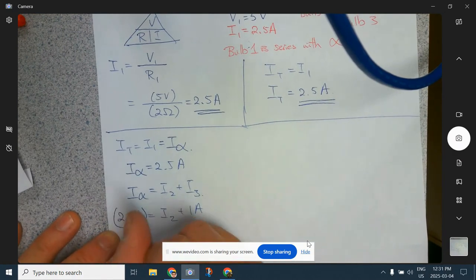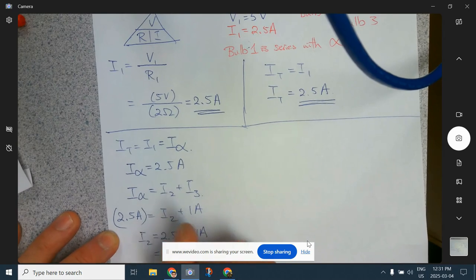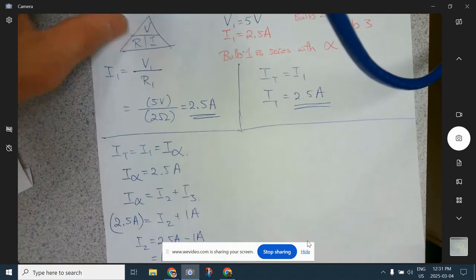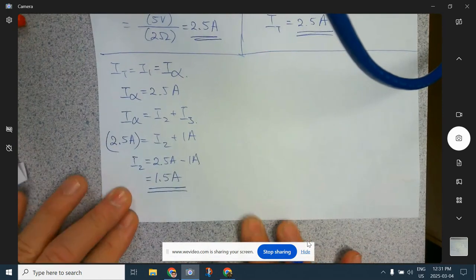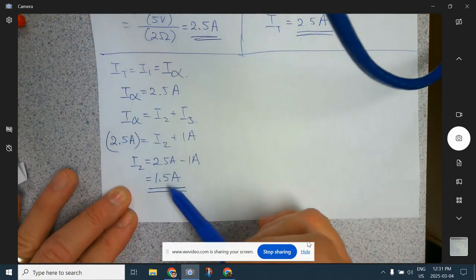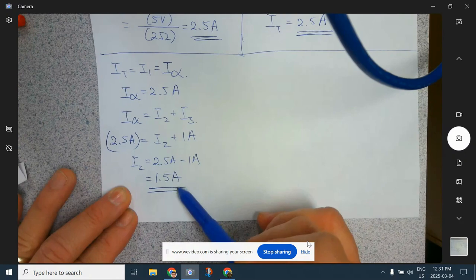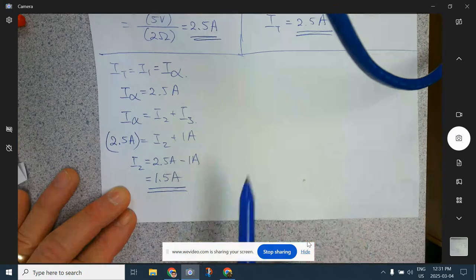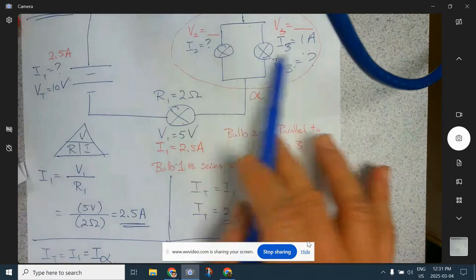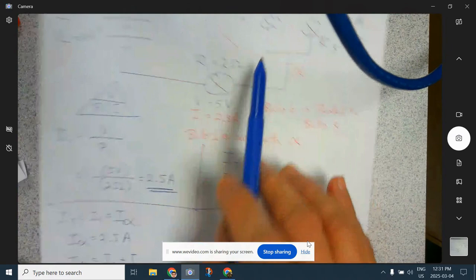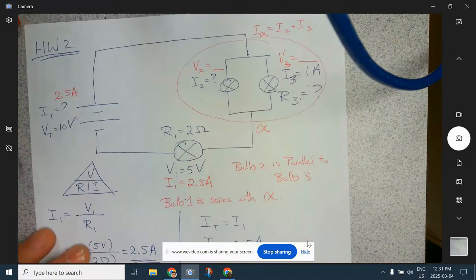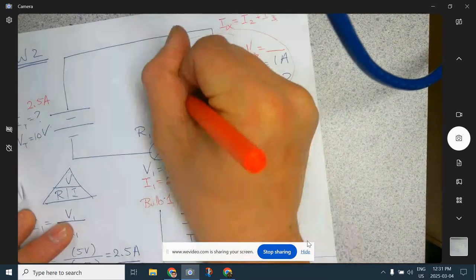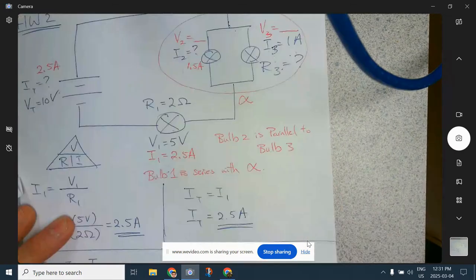So I2 would just be 2.5 amps minus 1 amp, which gives you 1.5 amperes. So in this case, we now know I2 would be equal to 1.5 amps, because those two small light bulbs in parallel together, when you add the current up, will be 2.5. So here this will be 1.5 amperes. Okay, so we got that here.